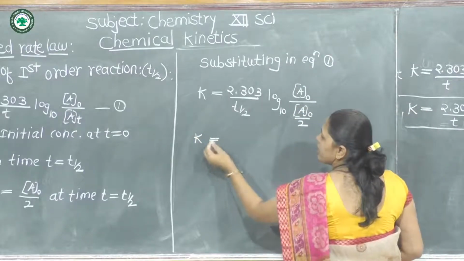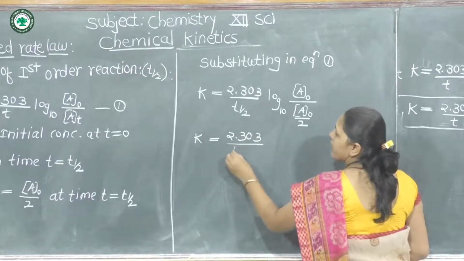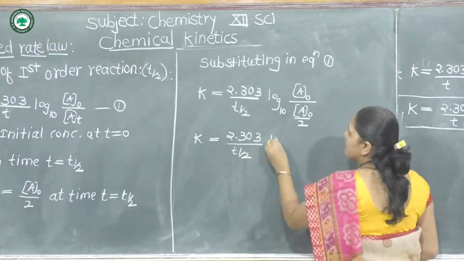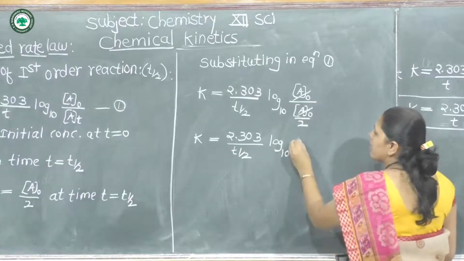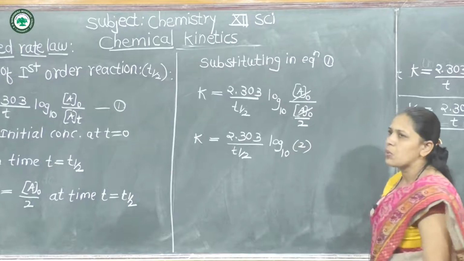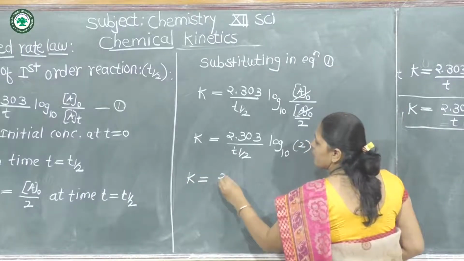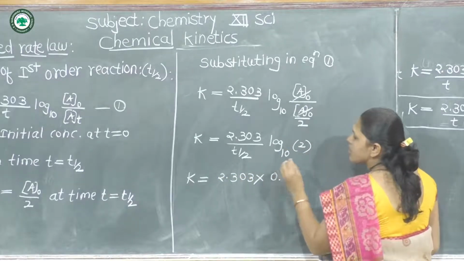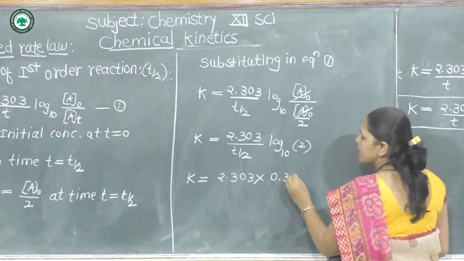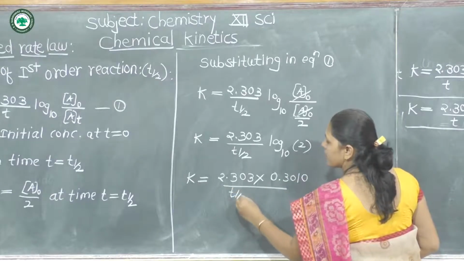By simplifying this equation, we get 2.303 divided by t half log to the base 10, A0 gets cancelled, log to the base 10 of 2 is equal to 2.303 multiplied by log 2 is equal to 0.3010 divided by t half.